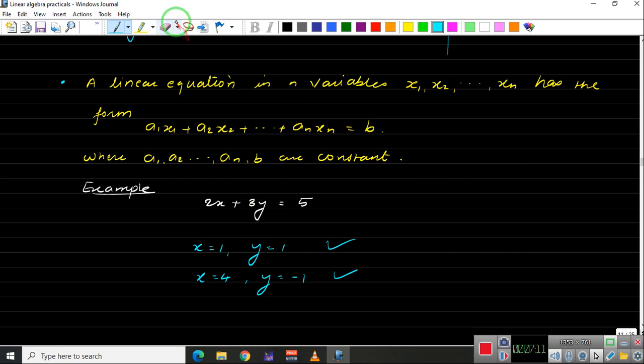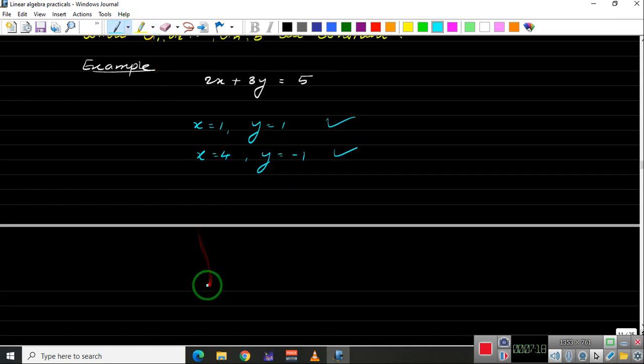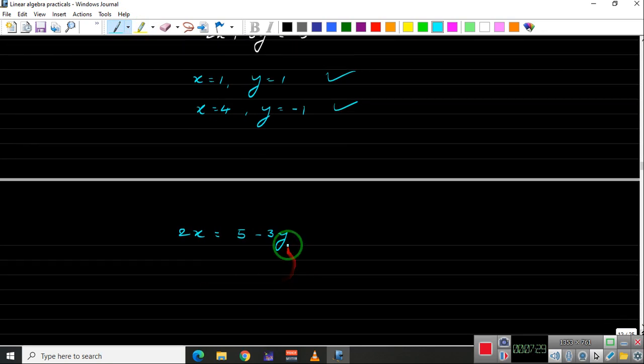For example, for this equation 2x plus 3y equals 5, what we do is we write the value of x. In this case, we have 2x equals 5 minus 3y. Now if we put y equals 1, we will get a particular value of x. If you put y equals 2, we will get some other x.